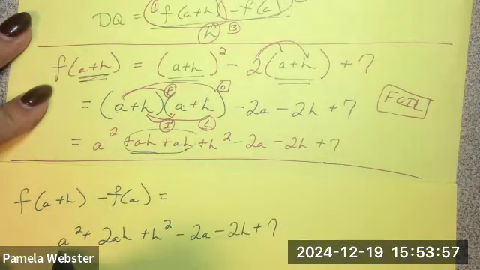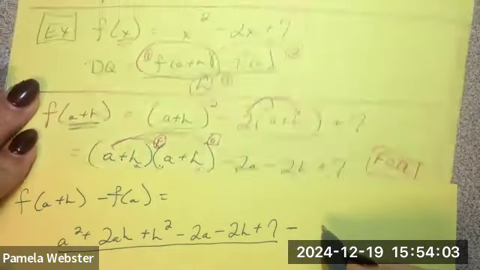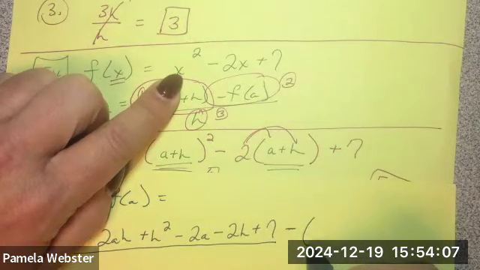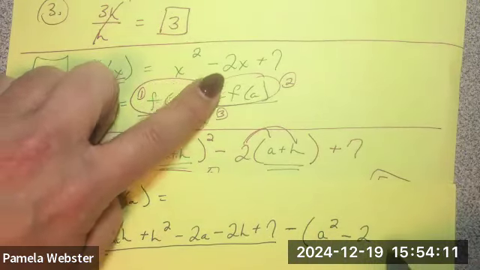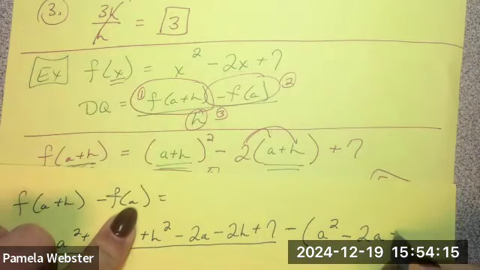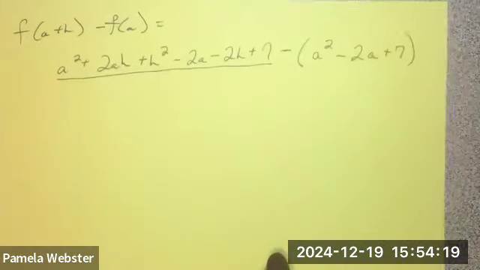Okay, so that's all f of a plus h minus the original function, which was x squared. I'm going to put parentheses. I'm going to make that a squared minus 2, I'm going to make that x an a because it said plug in an a, right? Plus 7. All right, there we go.